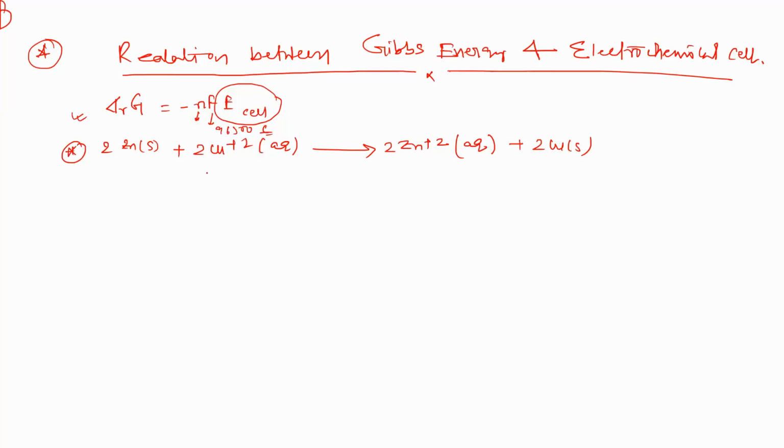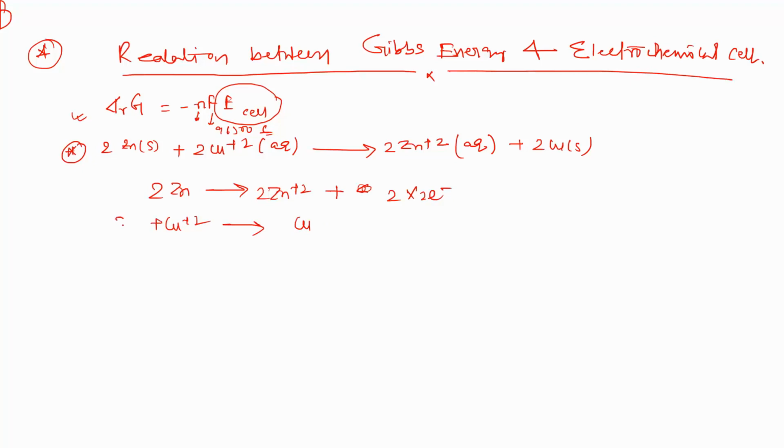To know how many electrons are involved, we have to express the equation like that: 2 Zn goes to 2 Zn2+ plus 2 into 2 electrons. Similarly, Cu2+ is going to Cu.